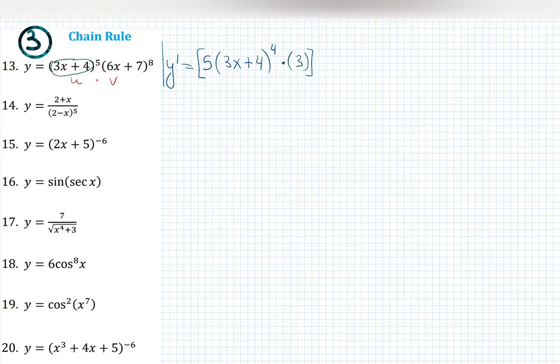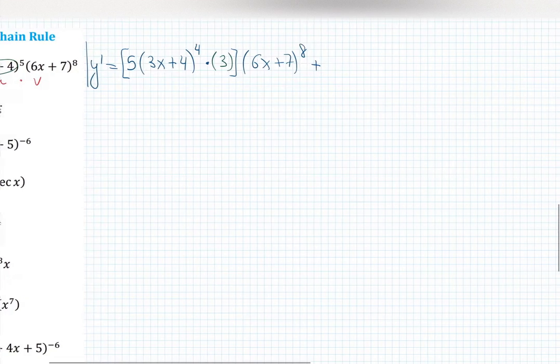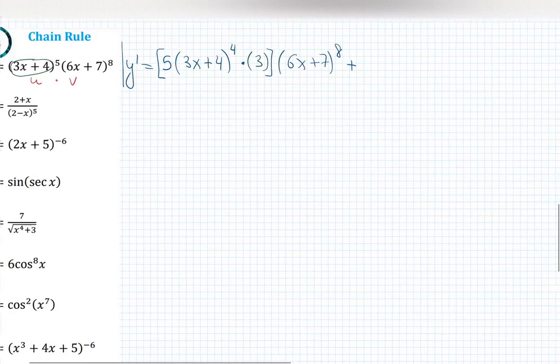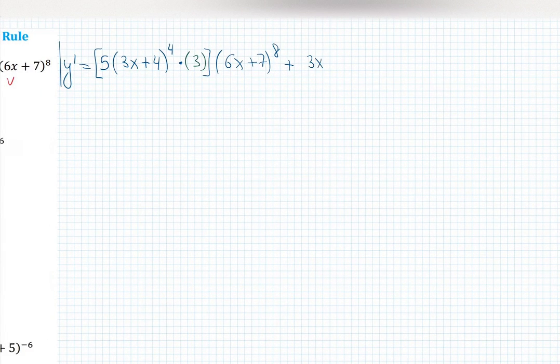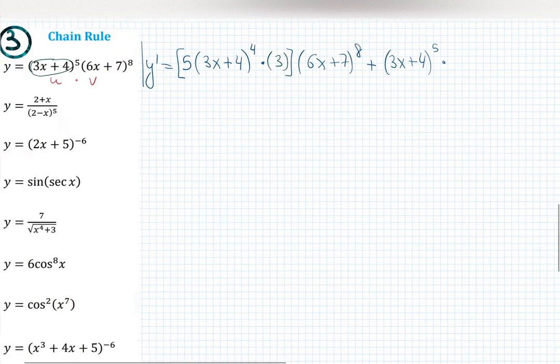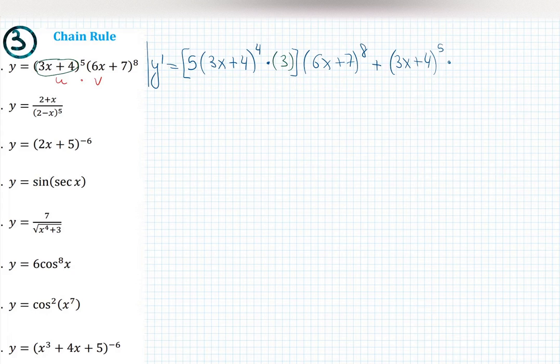This is only the derivative of the first function. Product rule tells me that now I can copy the second function, 6x plus 7 raised to the 8, plus. Now I'm going to copy the first function, 3x plus 4 to the 5, times. It's time to differentiate the second function, and I see that it is something raised to the 8th power. And when I'm saying something, yes, of course I see it's 6x plus 7, but I pretend I don't see it yet.